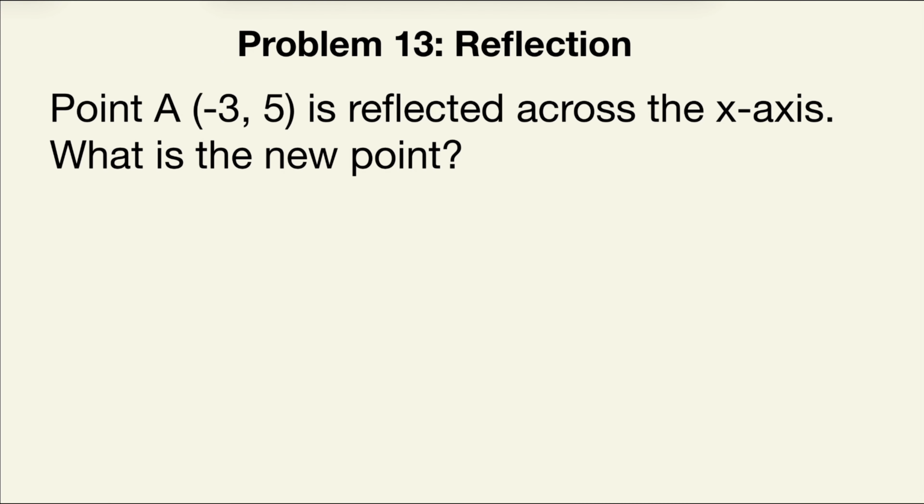Problem 13 says point A, -3, 5, is reflected across the x-axis. What is the new point? So let's just say that you have your point here and it's at -3, 5 as stated. And when you reflect it across the x-axis, you can see that the new point is now -3, -5.